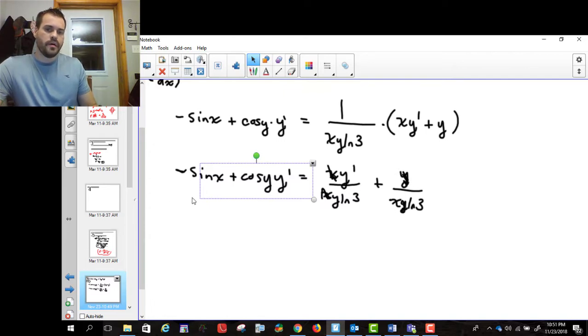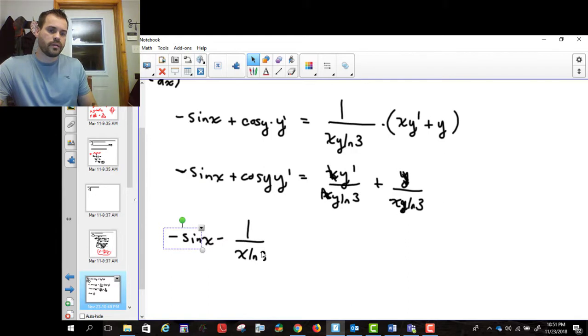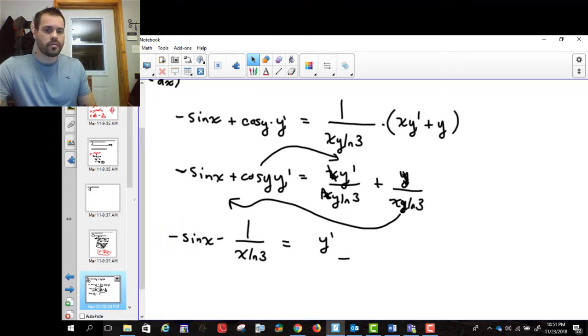I'll take the y out. And so then I'm going to go minus sine x minus 1 over x ln 3. That's bringing this guy over. So I'm going like that. And then I'm going to bring this guy that way. So I'm going to get equals y prime over y ln 3 minus cosine y prime.